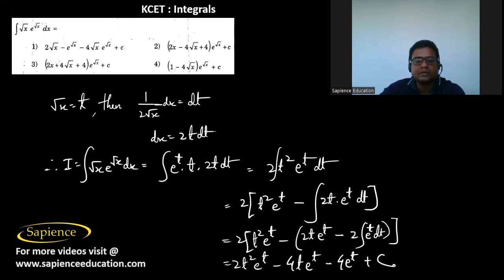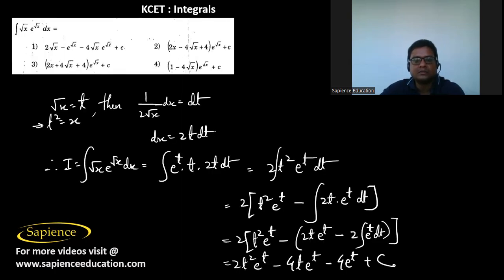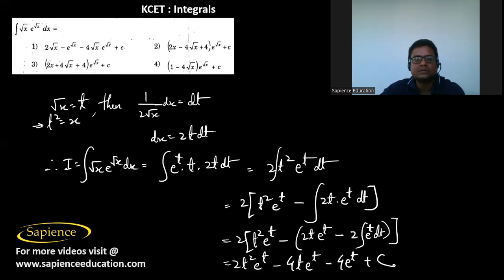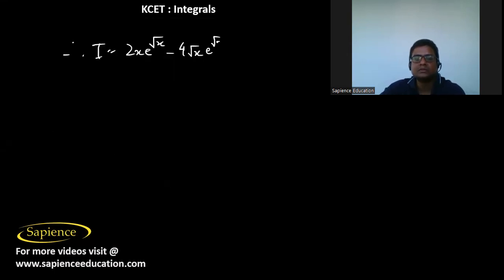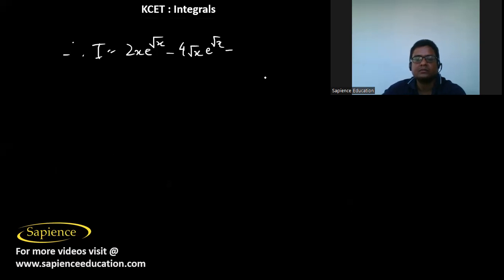Therefore, the integral is: t square is nothing but x, so it is 2x e power root x, then minus 4 root x into e power root x, then minus of minus, this will be plus 4 e power root x plus c.